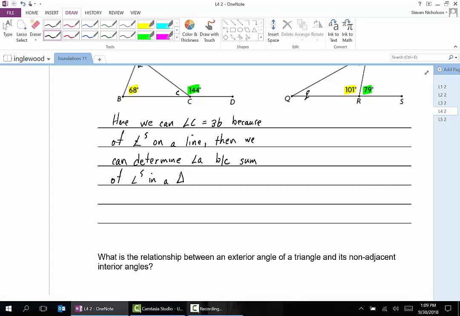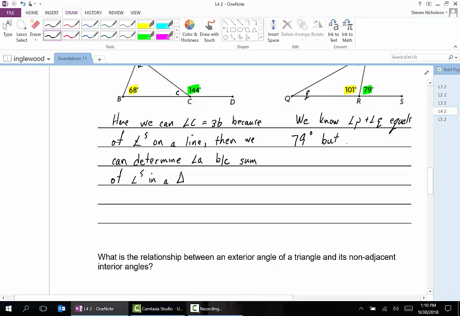Now, in the one to the right, based on what we just saw on the previous page, we know angle P and angle Q equals 79 degrees.